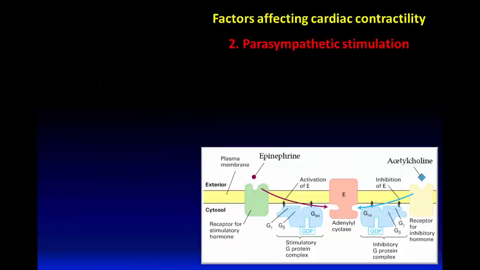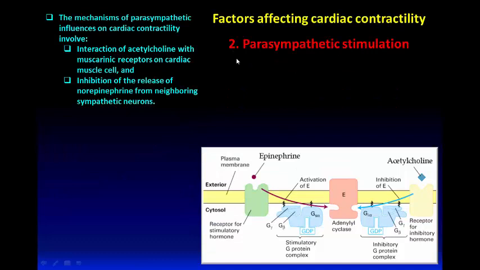Parasympathetic stimulation: the mechanisms of parasympathetic influences on cardiac contractility involve the interaction of acetylcholine with muscarinic receptors on the cardiac muscle cells.